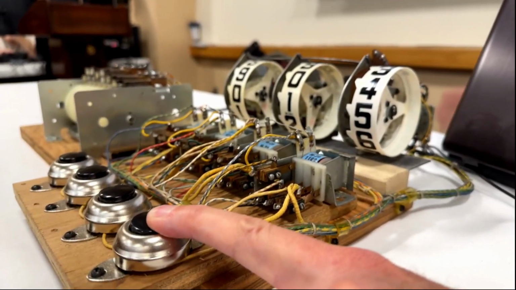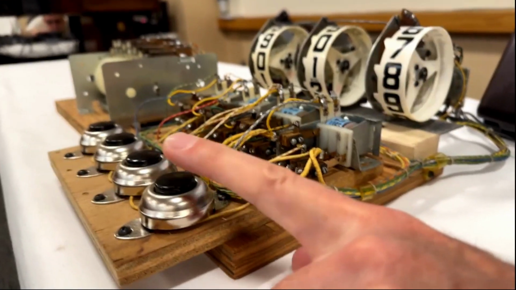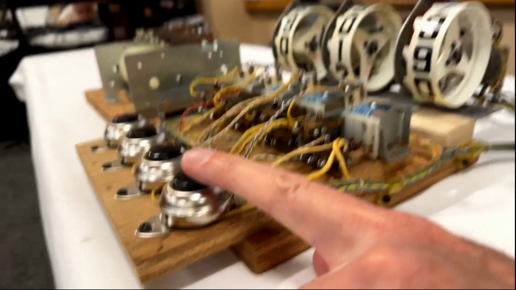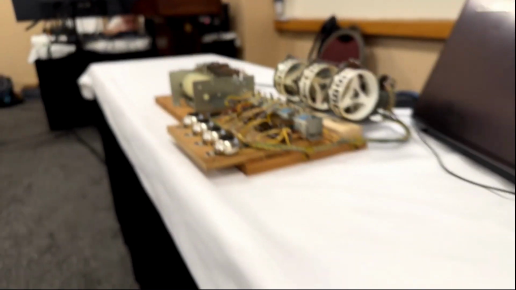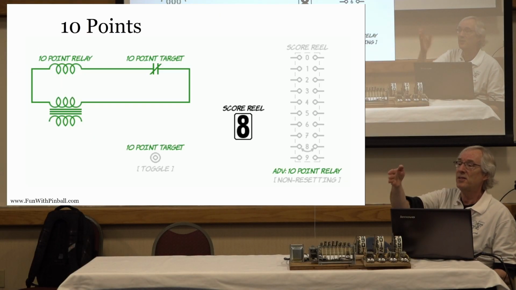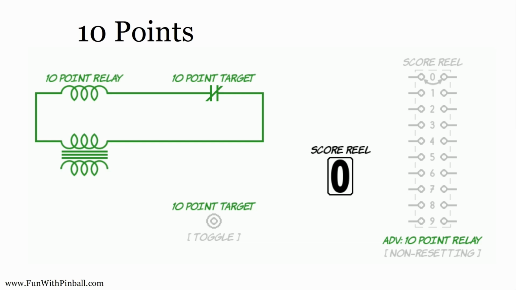If I hold it, the score reel doesn't go anywhere. And it's not until I let go that it advances. Okay? I'm going to do 2 or 3 of these here in a minute, one after the other. All right. So this is what that circuit looks like when it's running. That make sense? Okay. Good.